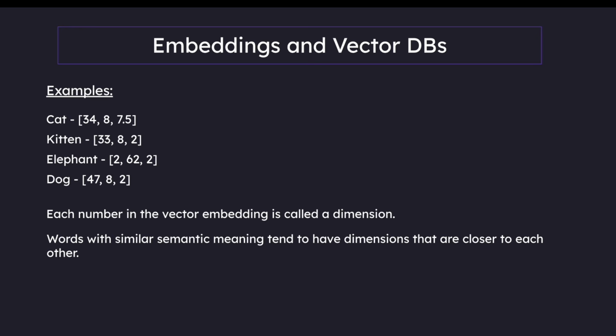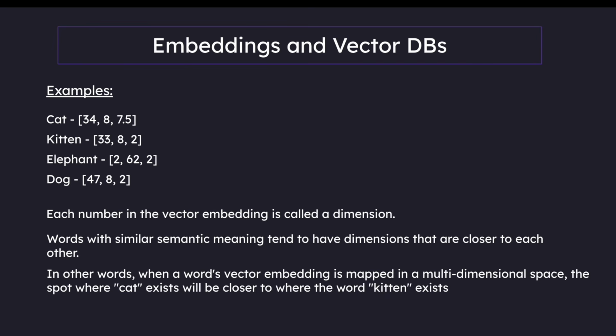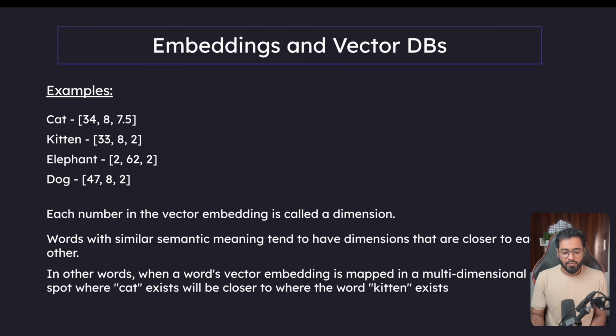In other words, when a word's vector embedding is mapped in a multi-dimensional space, the spot where cat exists will be closer to where the word kitten exists. So what does this mean? Let's look at this vector embedding. This could be the x-axis, this could be the y-axis, and this could be the z-axis. You can imagine this 3-dimensional space where cat lives.